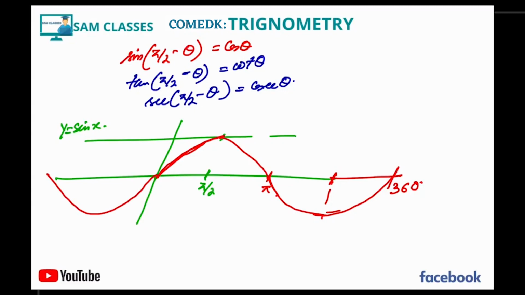Now you say, sir, what about the graph of cos x? Very simple, we'll draw in this only. Cos starts with 1 at 0, and at 90 it comes to 0. So you see a value here where sin and cos both are equal. So sin x is equal to cos x, and this value is none other than 45 degree, half of this, correct? Now, the moment it comes to 90, it goes down. At pi, it is minus 1.